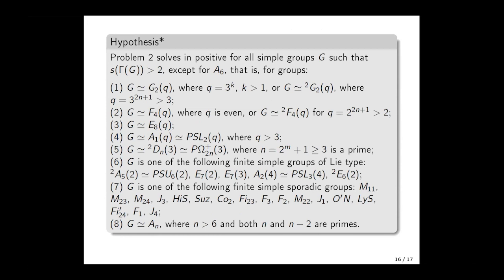This problem is solved in the positive for all simple groups with at least 3 connected components, except for A6, because there is a 2-extension of the group A5 that has the same order as A6, and the conjecture does not hold in this case.